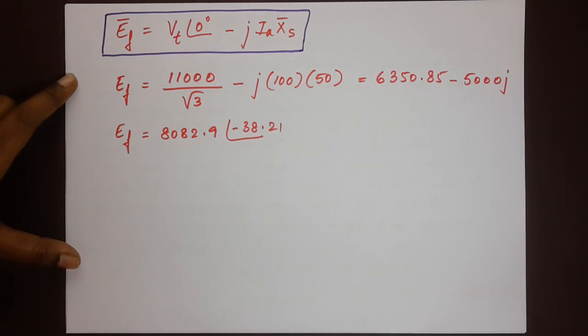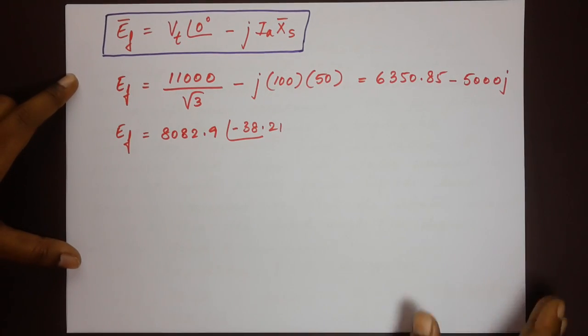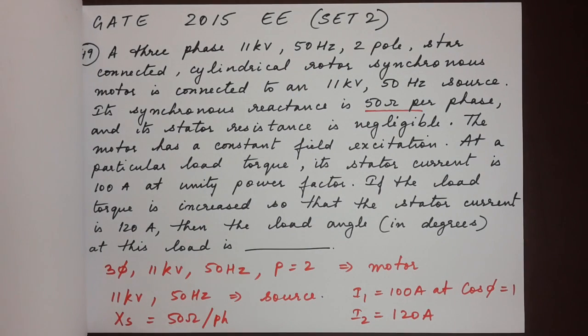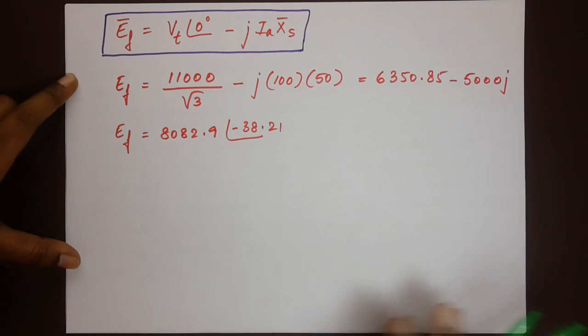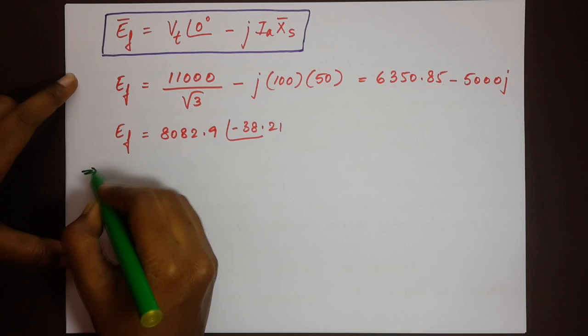So the question says that the load torque is increased, so that the stator current is 120 amps. Now the fact is that if the load torque increases, what happens to the power factor? The power factor is unity according to the question. So when the load torque increases, the power factor becomes lagging. That's an important point here.